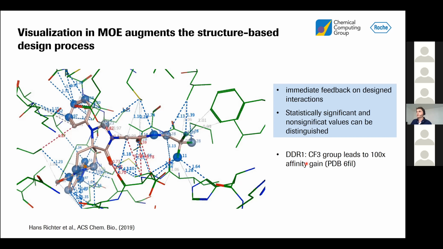Just some details. We distinguish between statistically significant and non-significant interactions by these thick and thin lines, and we also condense the information given by the multiple interactions in these spheres. So if you have a large blue sphere, this indicates that your atom will make multiple favorable interactions.